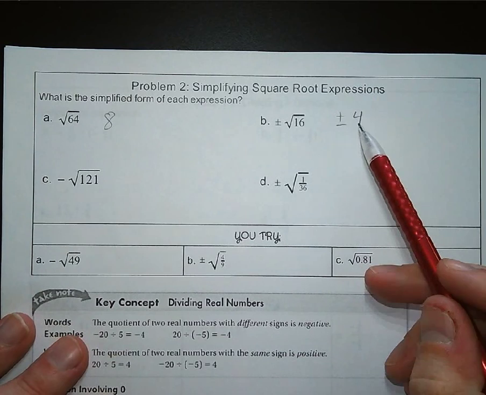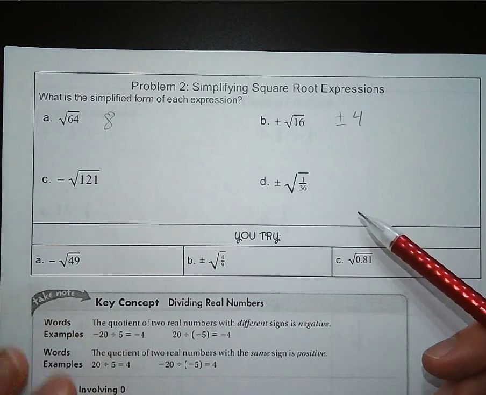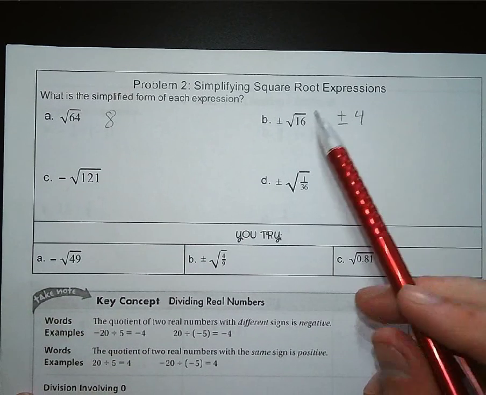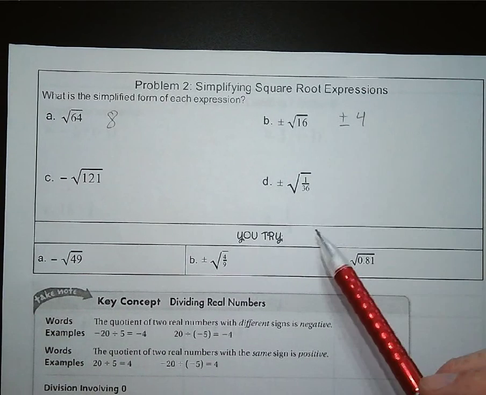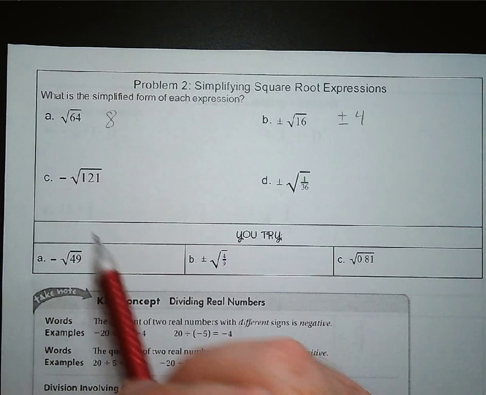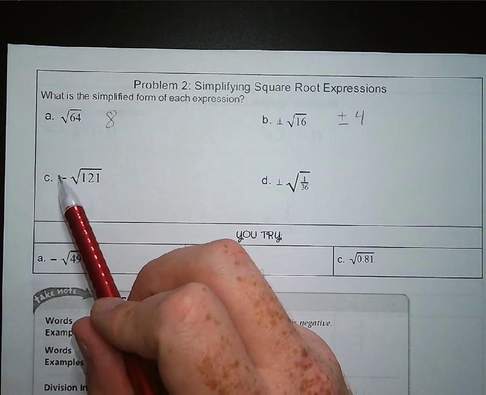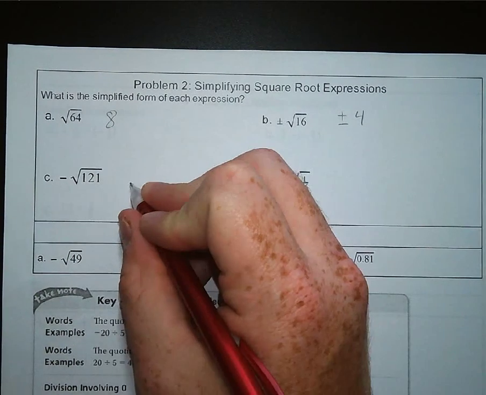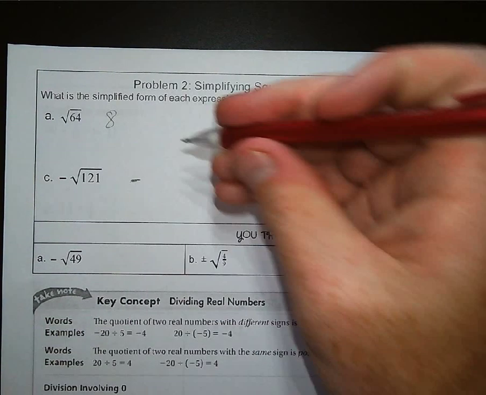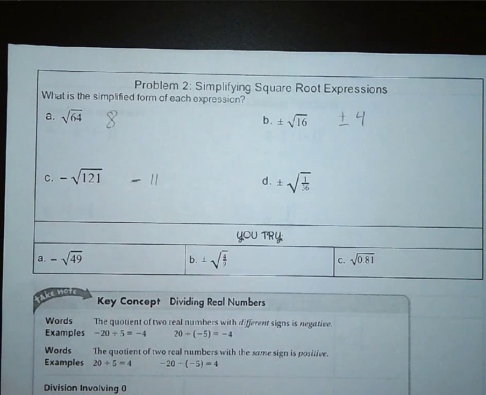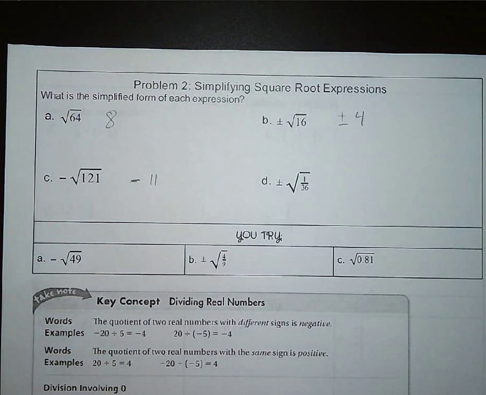Because both positive 4 and negative 4 are solutions for that expression. They are both square roots of 16. So in letter C, we are only looking for the negative square root of 121. So we write our negative sign. The square root of 121 is 11. So it is negative 11.